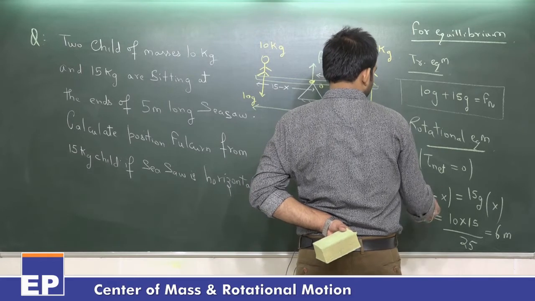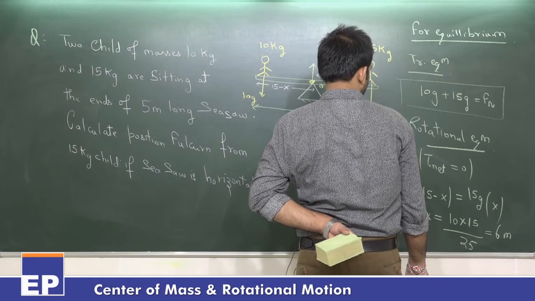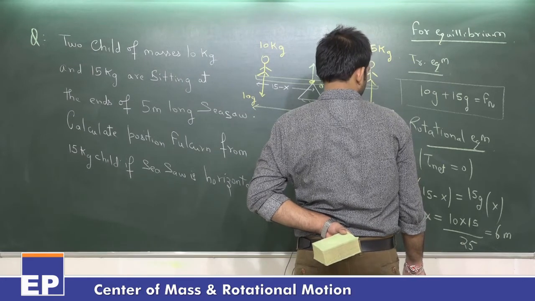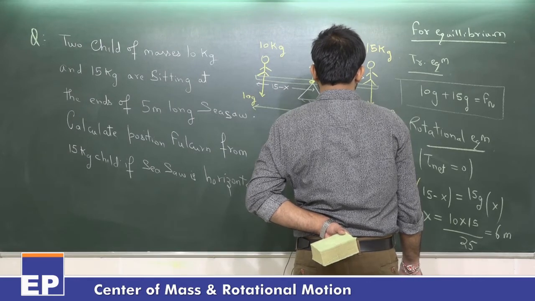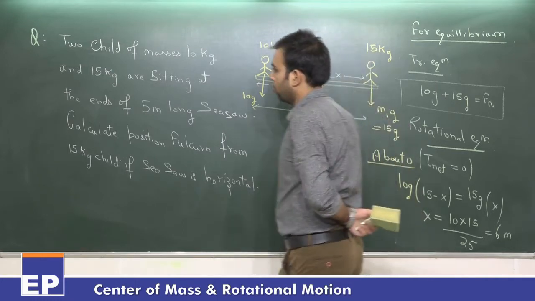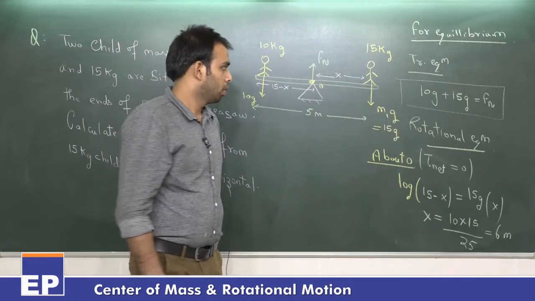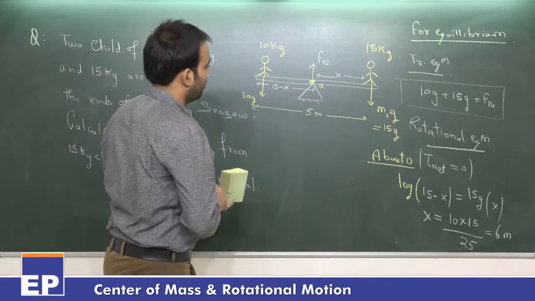That will come out to be 3 into 2. If you solve it, this is not 15 minus x.